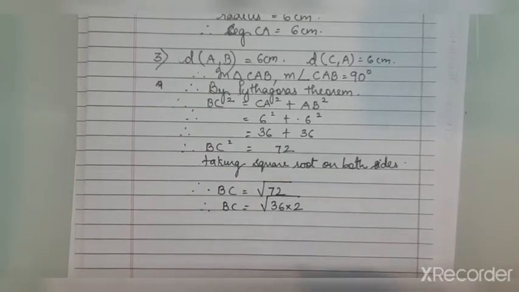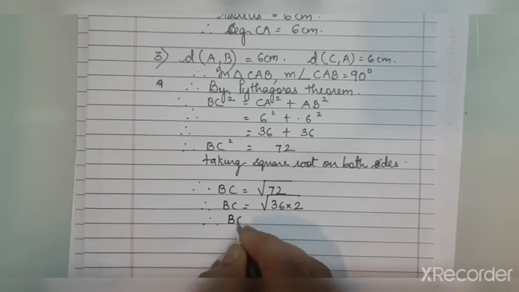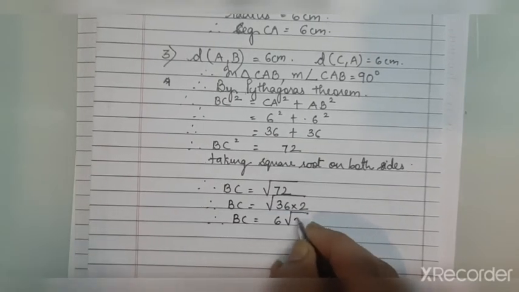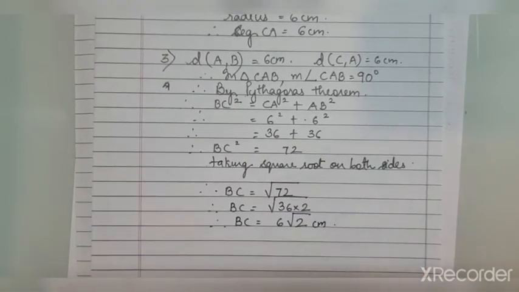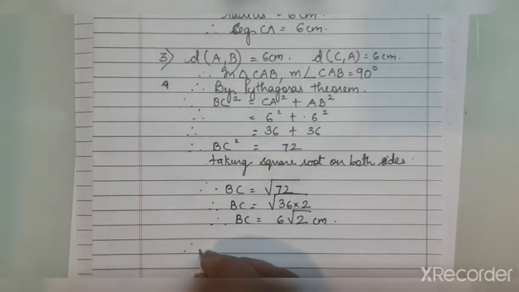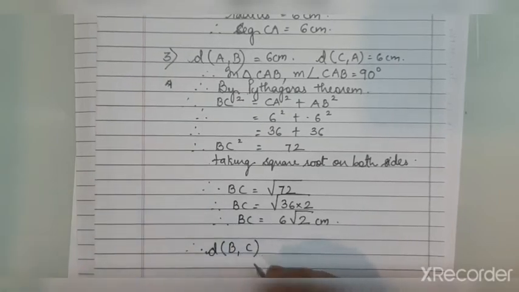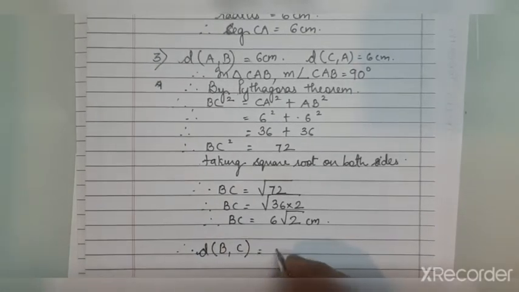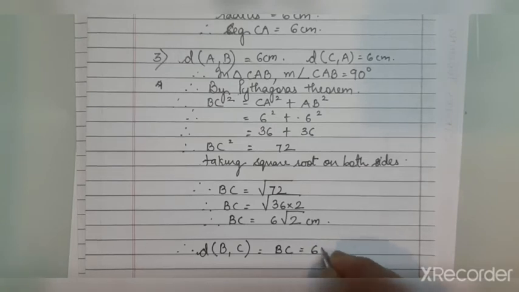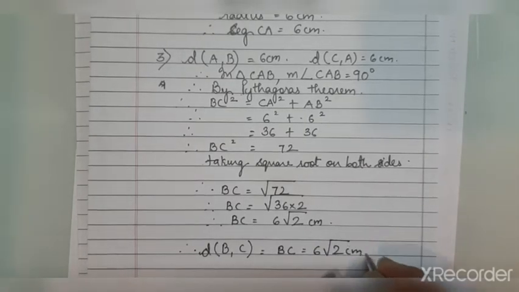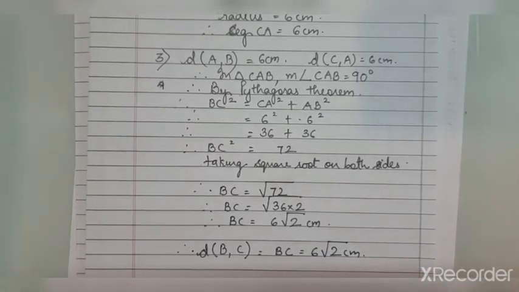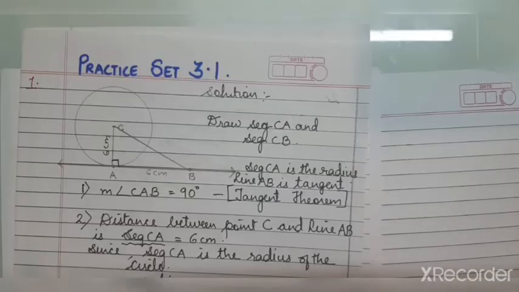Okay, and 36 when we take it out, it is 6 root 2. Okay, and that is what is asked, that is distance BC. Okay, distance BC is, that is BC, which is equal to 6 root 2 centimeter. Clear with this?